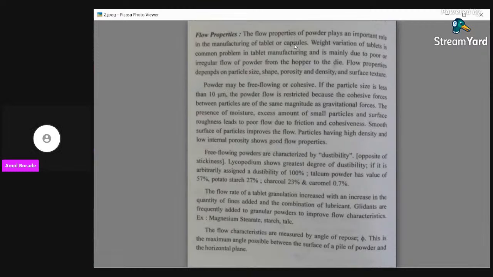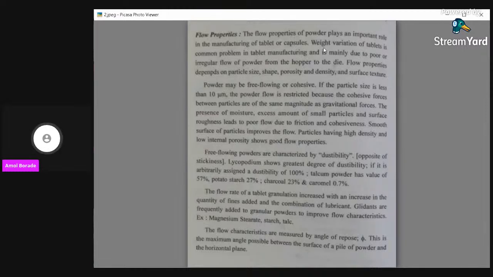If the flow property gets varied during the manufacturing process of tablets, at a particular time a small quantity of powder will come into the die, and at another time a different quantity of powder will come into a different die. Means what we will get?